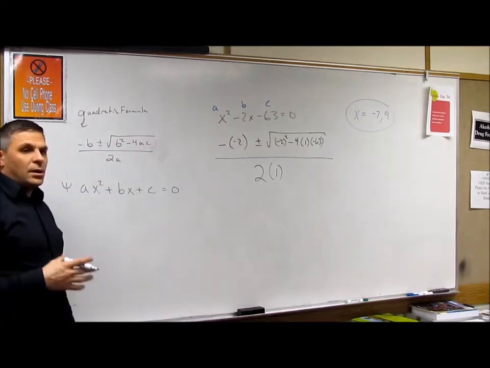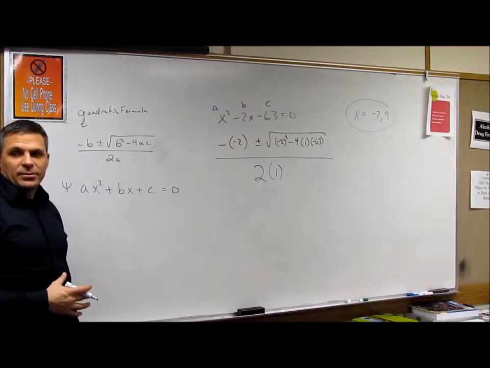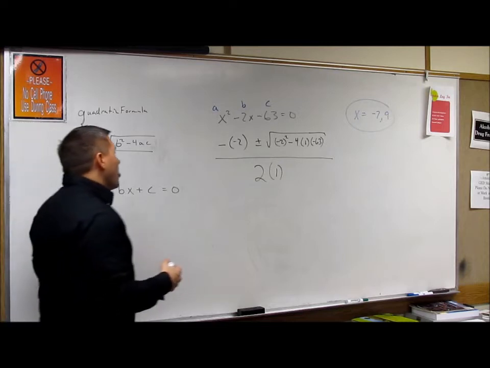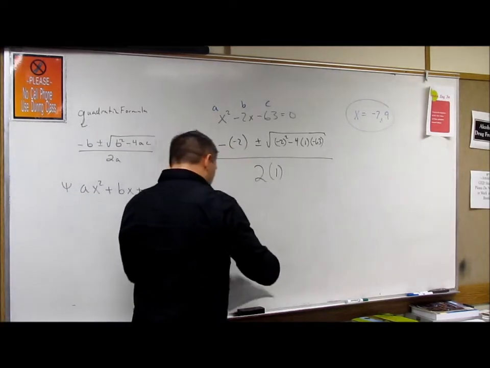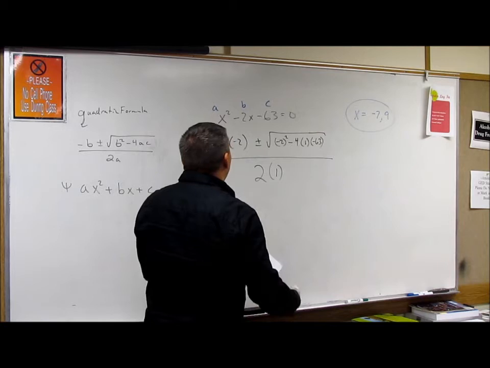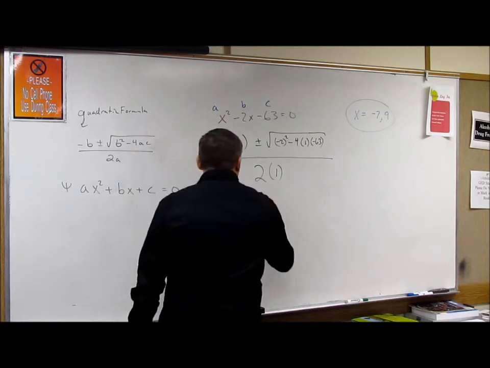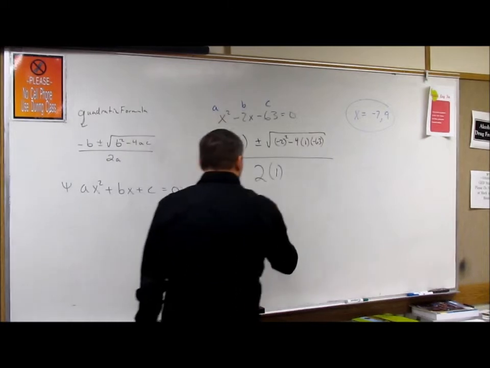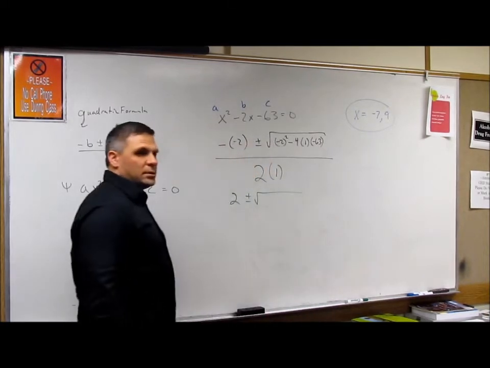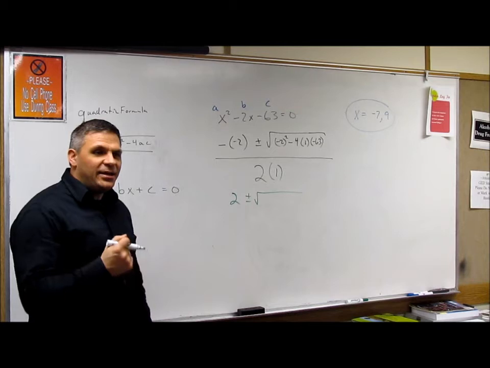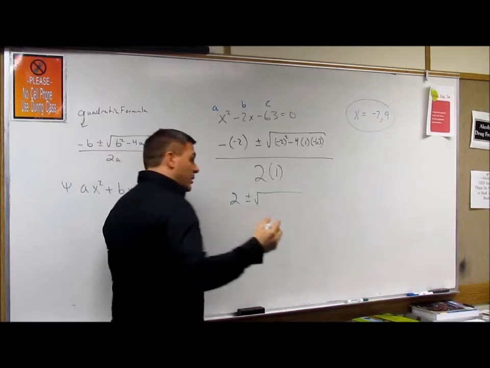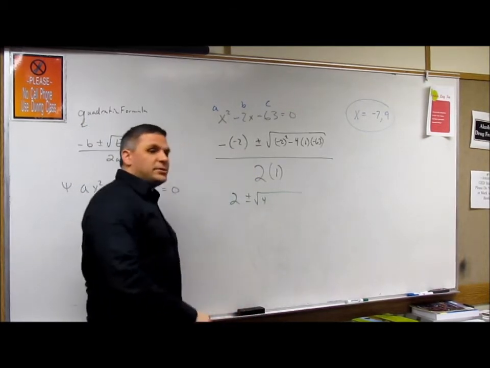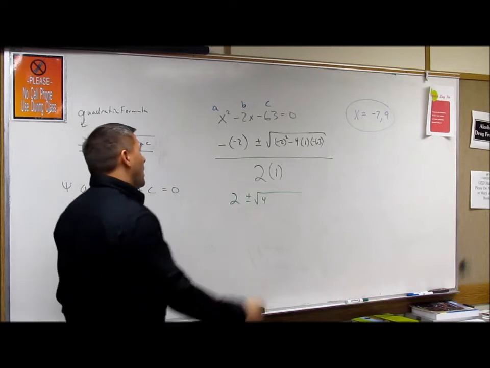So, when I do this math, when I plug it into the formula, I get negative and a negative, which makes it a positive. Good. So 2 plus or minus the square root of negative 2 squared, so that would be 4, because negative 2 times negative 2 is 4.